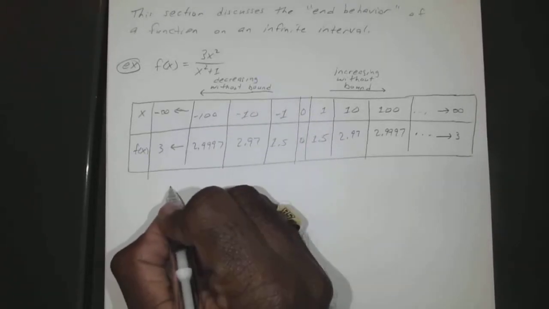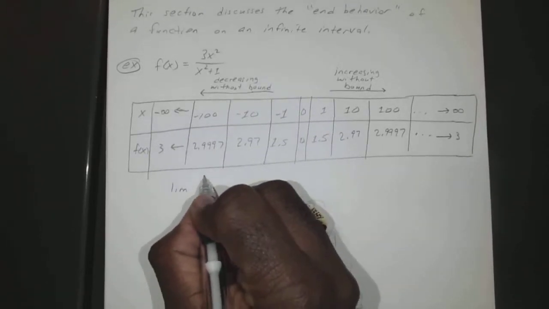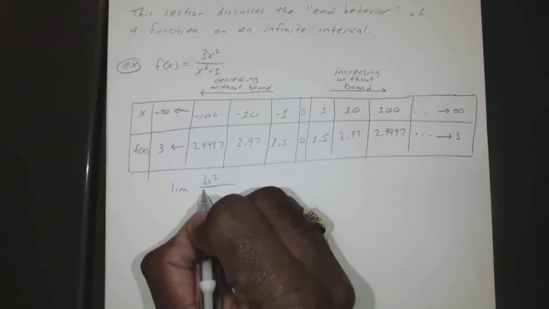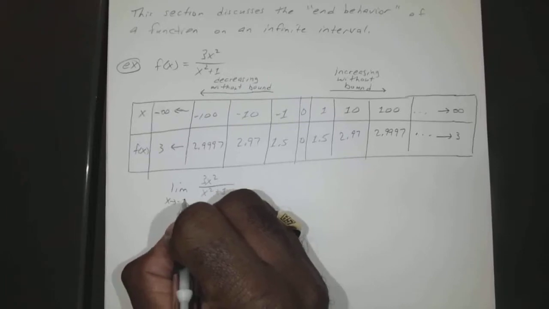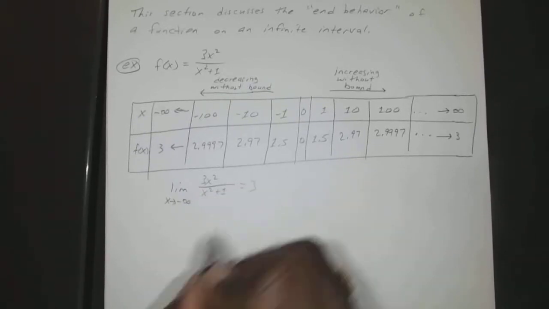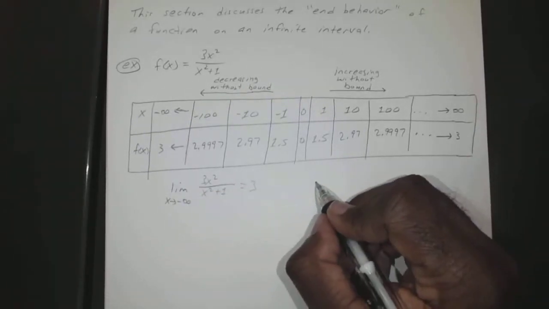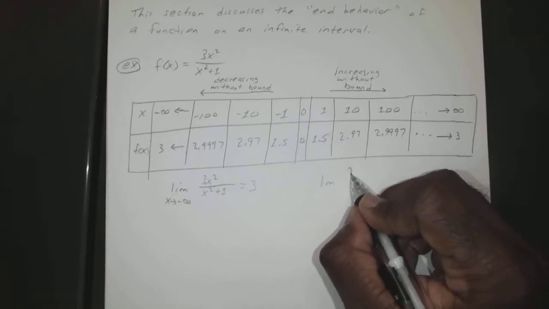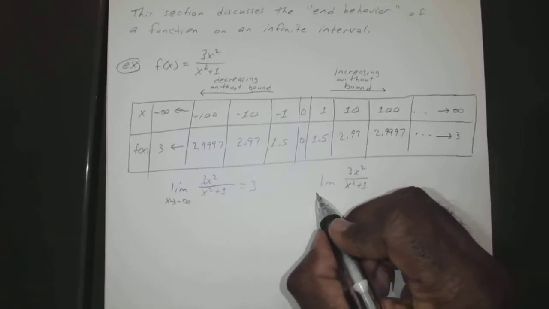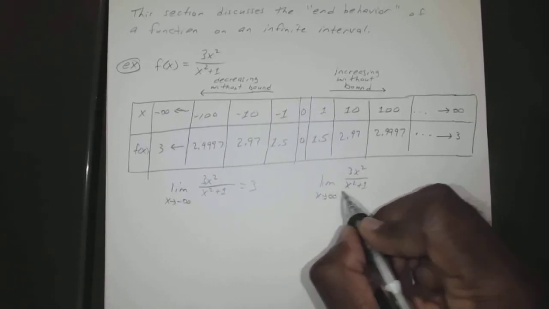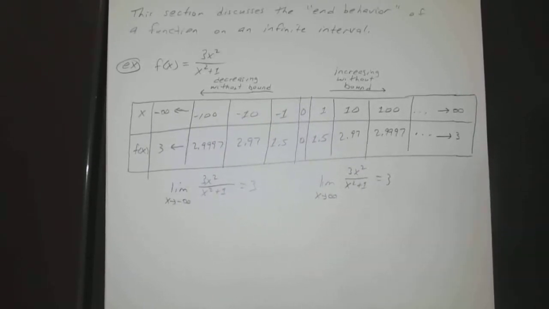So we know that the limit of 3x squared over x squared plus 1 as x approaches negative infinity is equal to 3. And the limit of 3x squared over x squared plus 1 as x approaches positive infinity is also equal to 3. Now, it won't always be the case where it's equal to 3 no matter which direction you go, but in this particular case it is.